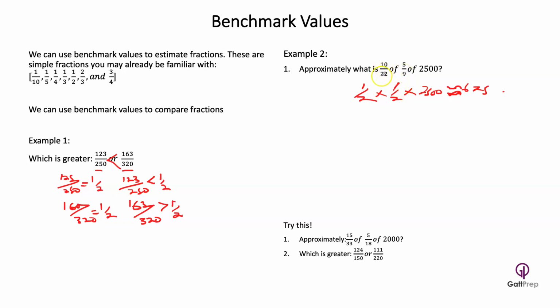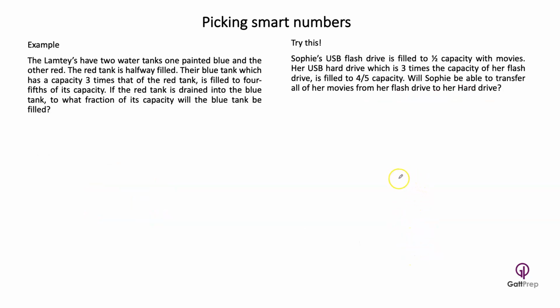We round this up, and then we round this down. Multiply by 2,500, and you get an approximate number, which is 625. Try your hands on these two examples, then we move on.